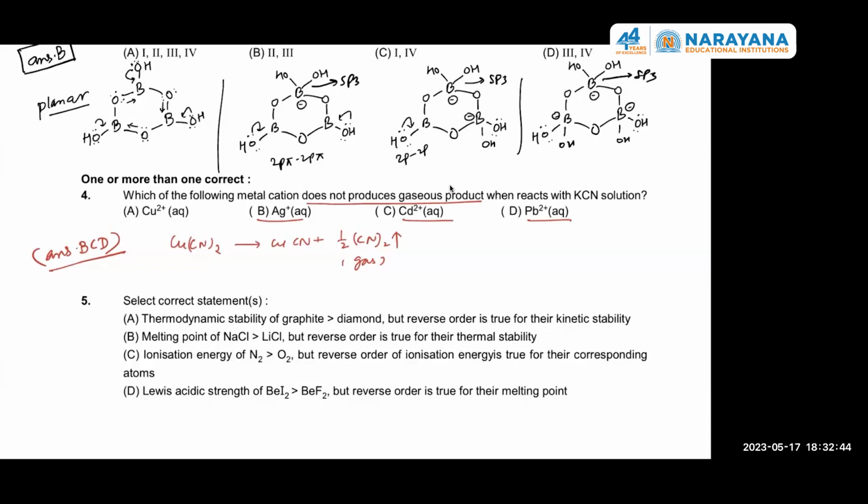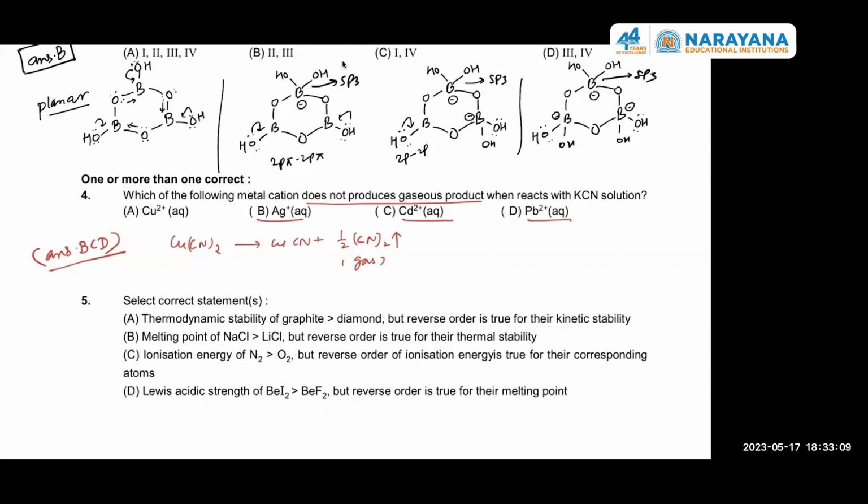Okay. Correct statements have been asked. And the first statement is okay. Shrija, Charan, Vishrut, Raghav, they gave the answers. The correct answer is that statement A is correct: thermodynamic stability of graphite is greater than diamond.